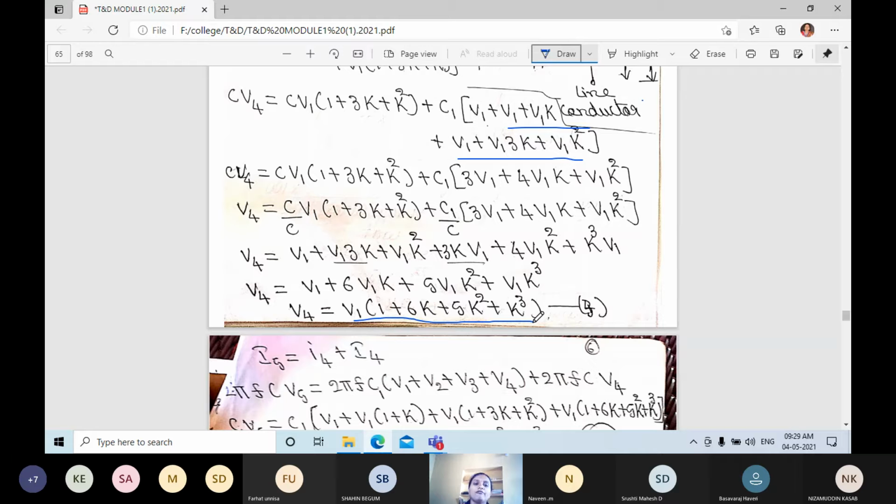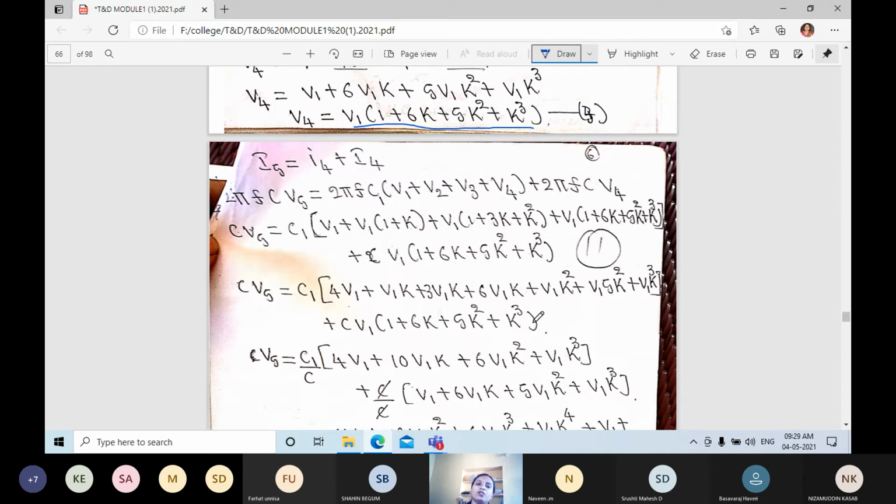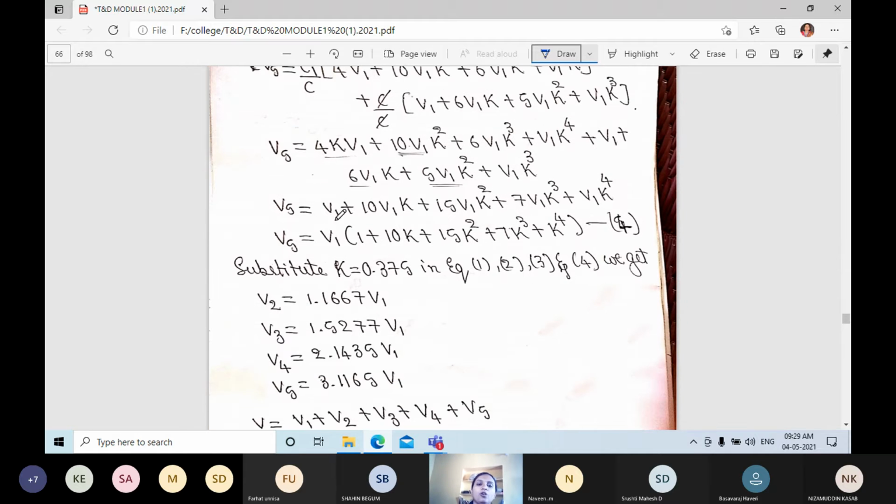Solve V5 also. V5, how much will you get? V5 is equal to V1 into 1 plus 10K plus 15K square plus 7K cube plus K to the power of 4. This is what you'll get.